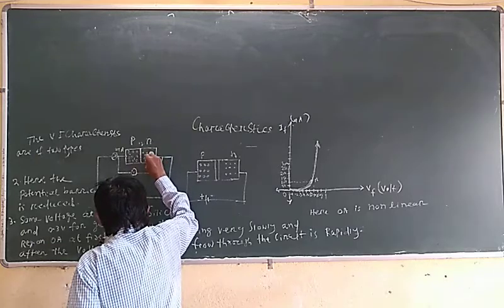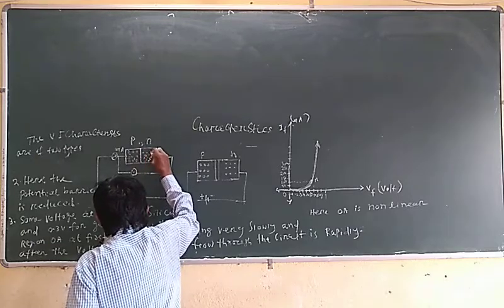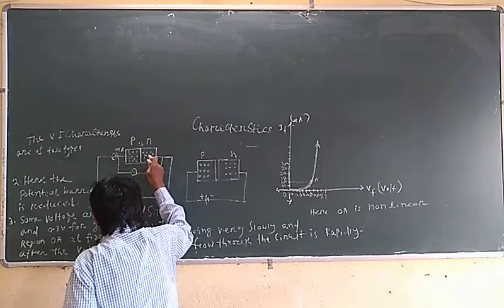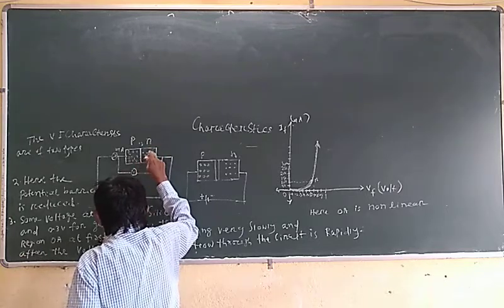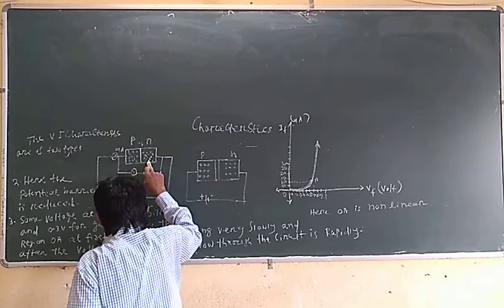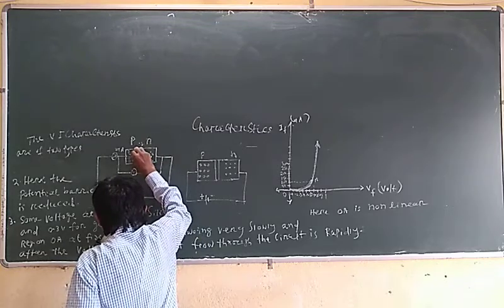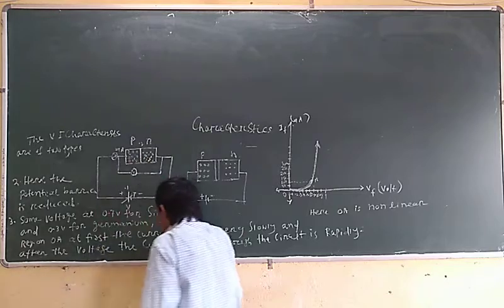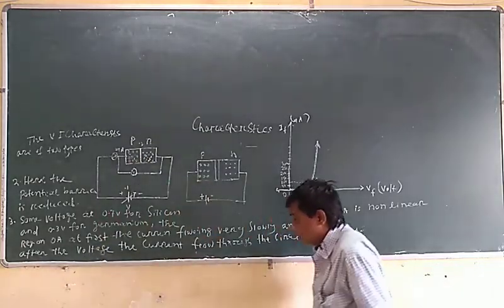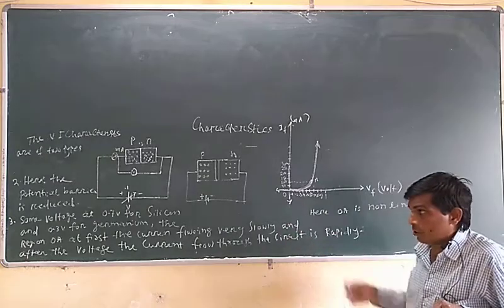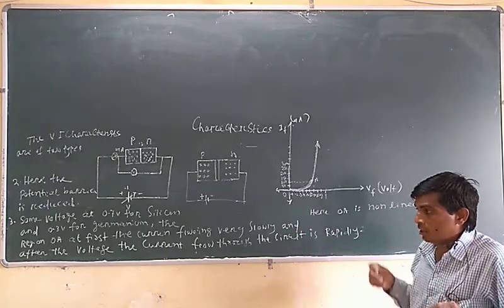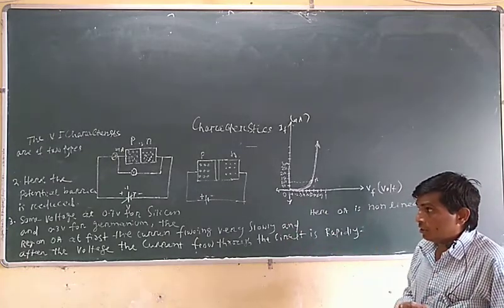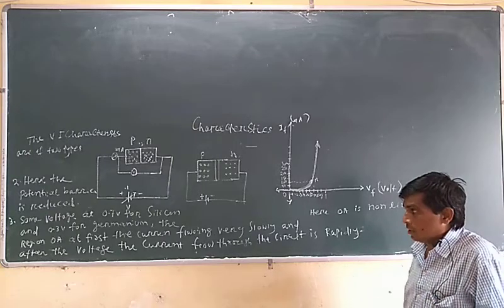So in the biasing condition, these holes in N-type material and free electrons in P-type material are very few, they pass towards each other and then finish. This current is very negligible, that is not counted in this matter.